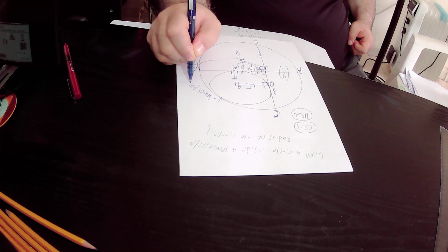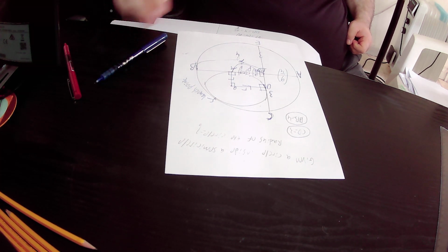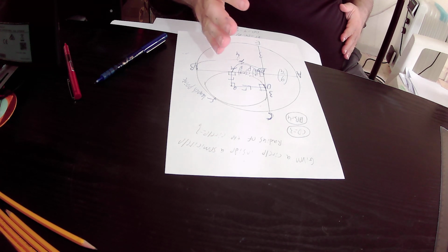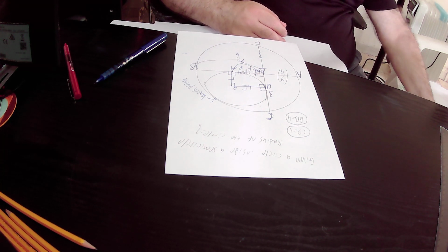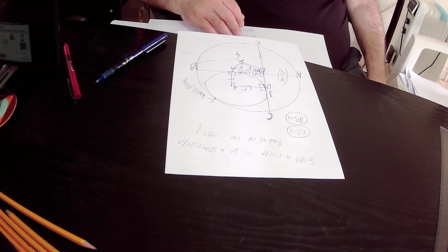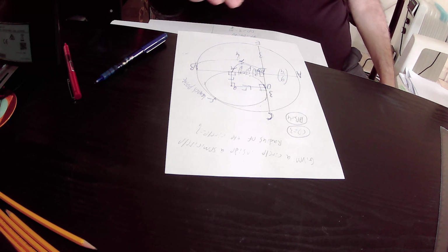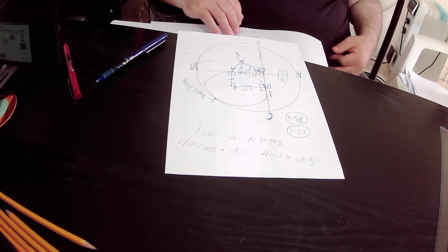We can define it also as the point of tangency of the big circle with the small circle, or we can also define it as the point of contact. Okay? The point of contact of the big circle with the small circle.